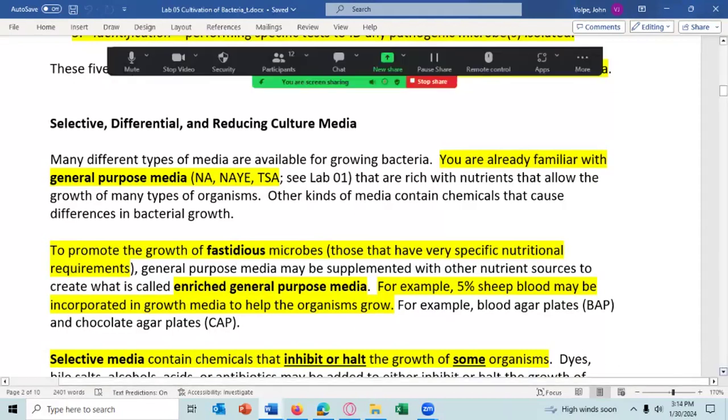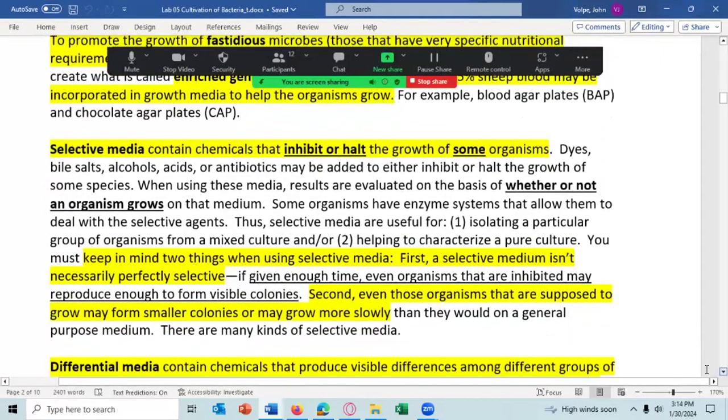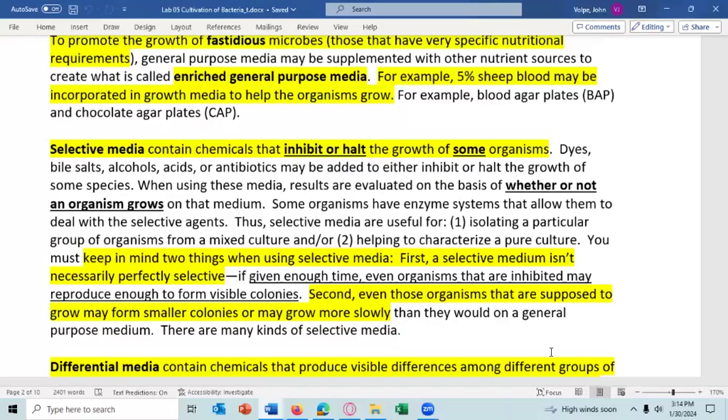There are also selective media, and these media contain chemicals that inhibit or halt the growth of some organisms, but they allow other organisms to grow. That's why they're called selective. You should keep two things in mind when using selective media.